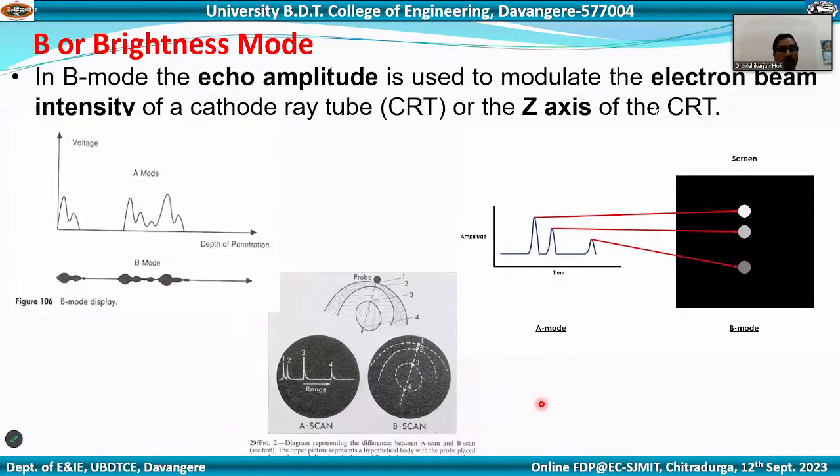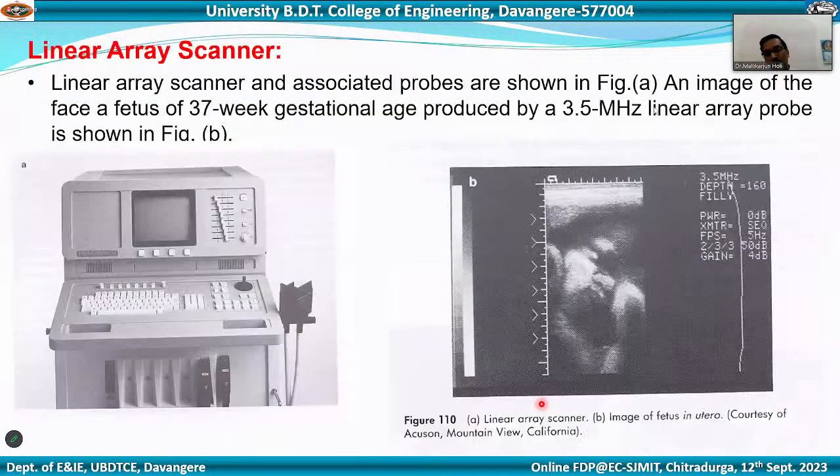Suppose you use only one probe, only one transducer, you will get only one part of the tissue. Suppose I want a larger tissue to be covered. At that time we use a linear array scanner. So you can see, n number of transducers are used. They are arranged in the form of an array.